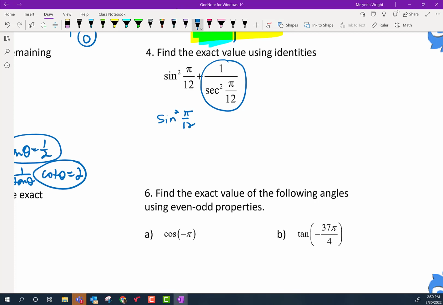If I did 1 over secant squared, what's the reciprocal of secant? Cosine. I would get cosine squared. So why don't we rewrite this one, instead of 1 over secant squared, as cosine squared.